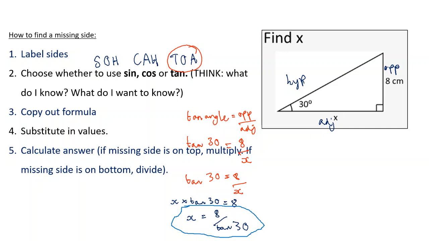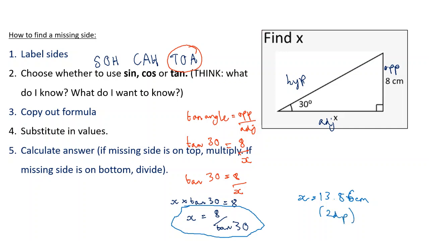And when you do that, you end up with 13.86 centimetres. So you get x equals 13.86 centimetres. And again, that answer I've given it to 2 decimal places.